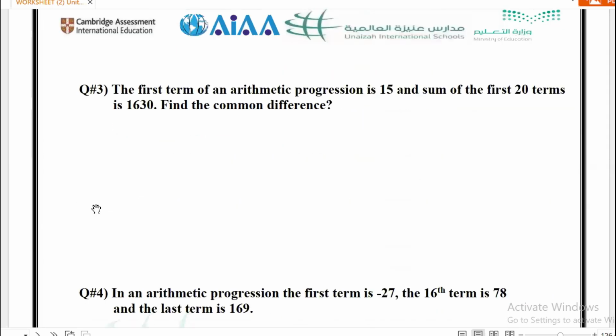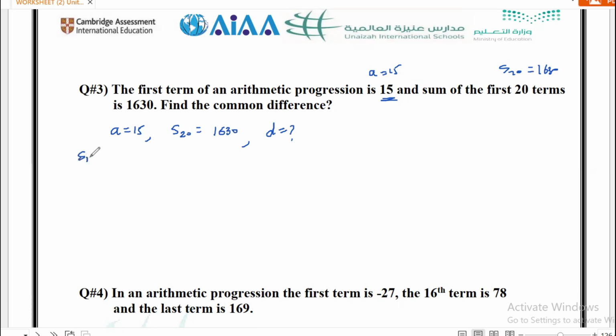The first question: the first term of an arithmetic progression is 15. So remember, A is equal to 15 and the sum of the first 20 terms, S20, is equal to 1630. These are the pieces of information we know: A equals 15, S20 equals 1630, and the common difference we don't know, D equals what.